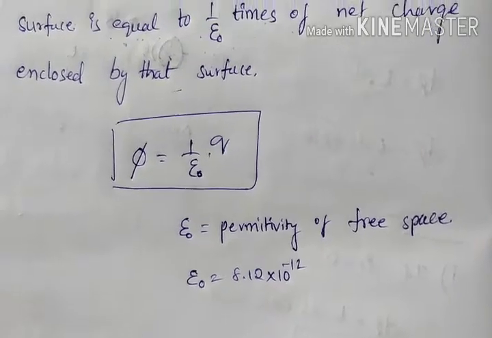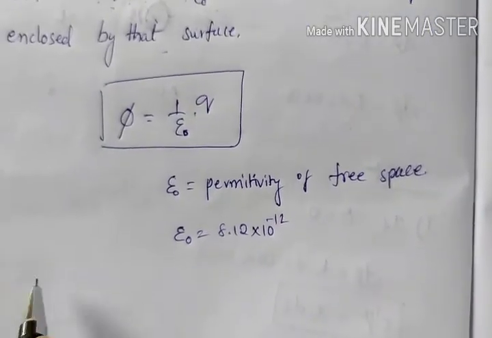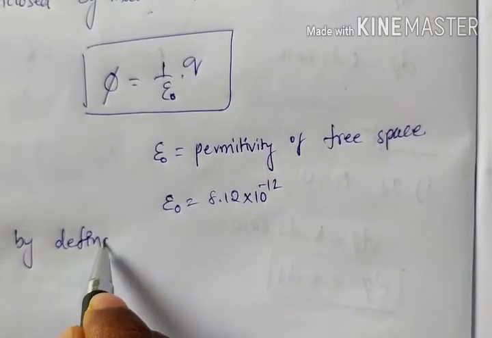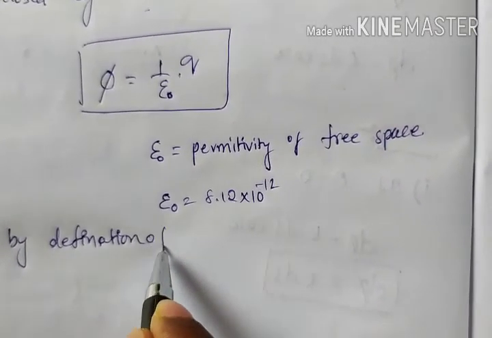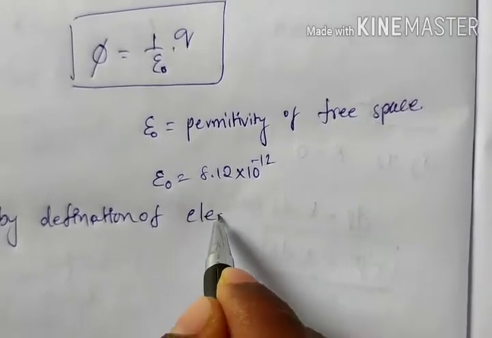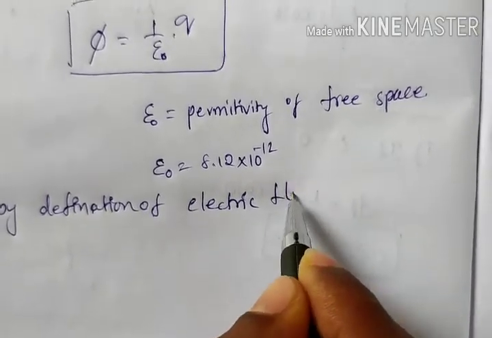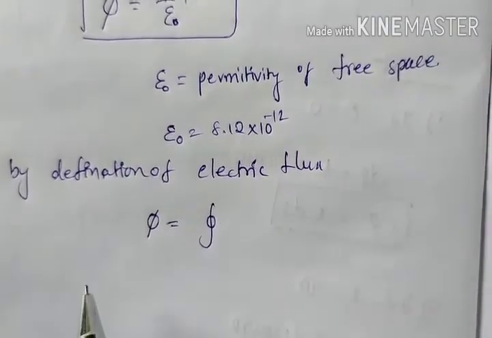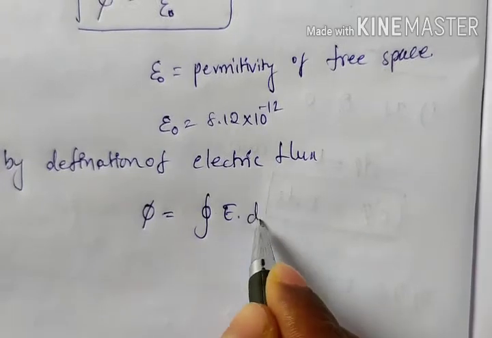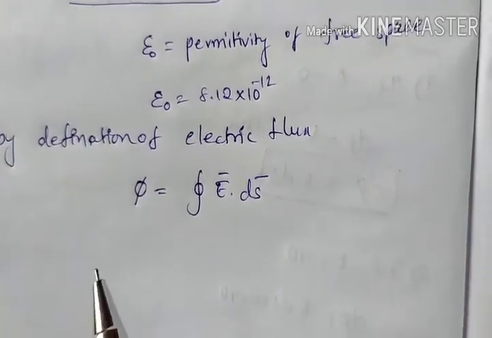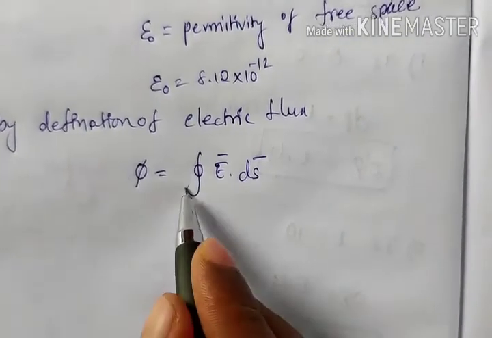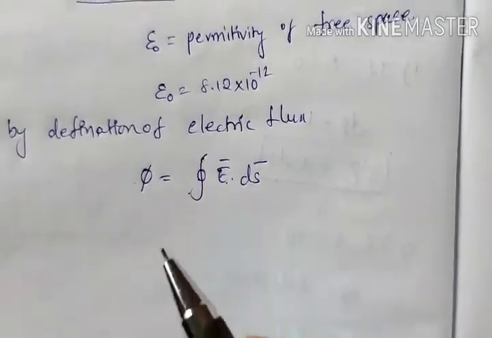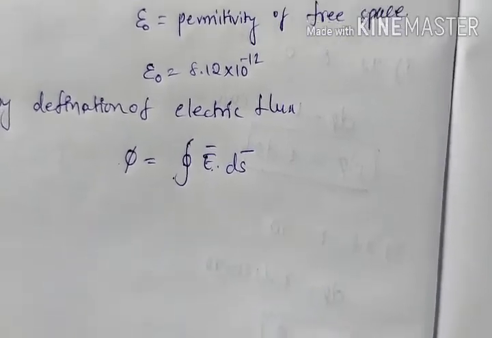Next, according to the definition of electric flux, we know phi is equal to the surface integral of E dot ds. We already derived this in the previous video: phi is equal to the closed surface integral of E dot ds, which tells how much electric field is developed.